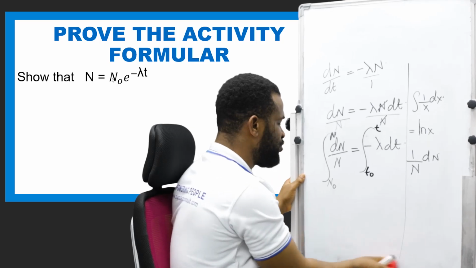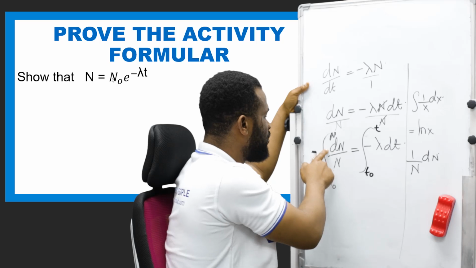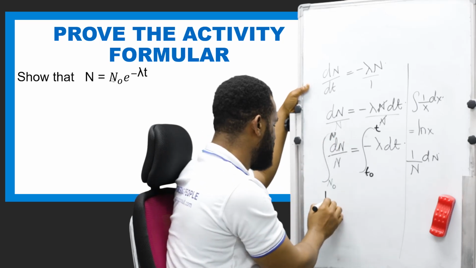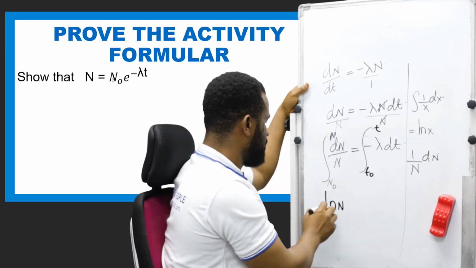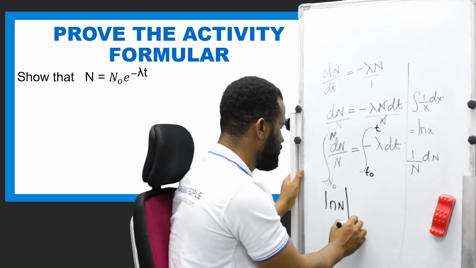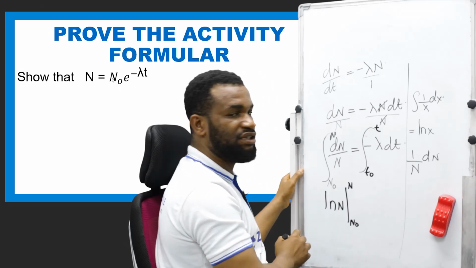Therefore, to continue with this, integrating 1 over N with respect to N, I'm going to have ln N, but in this case a definite integral, from the beginning to a particular quantity left.